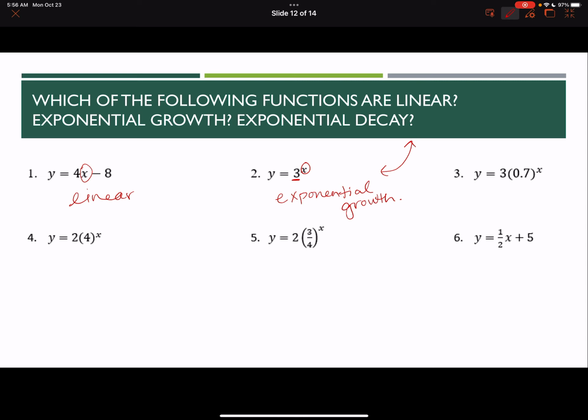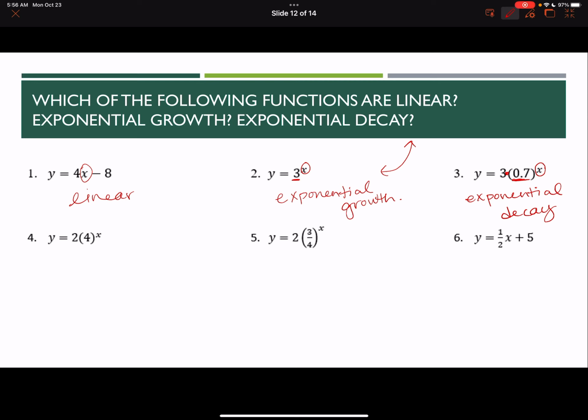All right, number 3, find the x. Remember, that's your key. So you're looking for the x. The x is an exponent, so it's exponential. And then you're looking for the base. What is being raised to the x power? Well, this means 3 times 0.7 to the x power. 0.7 is a number between 0 and 1. So this one is exponential decay.